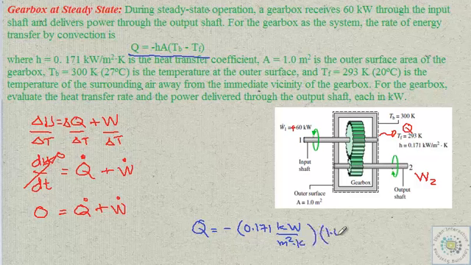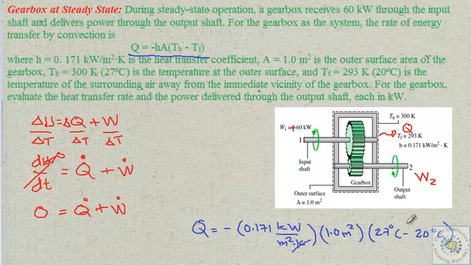Area here is 1.0 meters squared, the surface area of the covering of your gearbox. Then we have T_b minus the temperature of the surrounding. The gearbox is at 27 degrees Celsius and the surrounding is at 20 degrees Celsius.